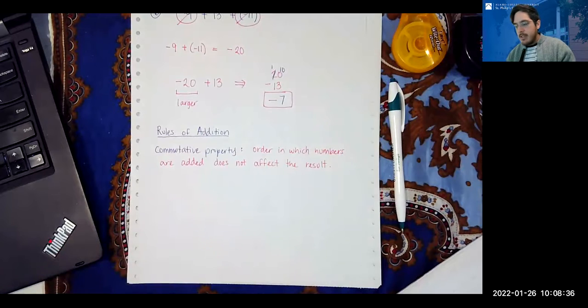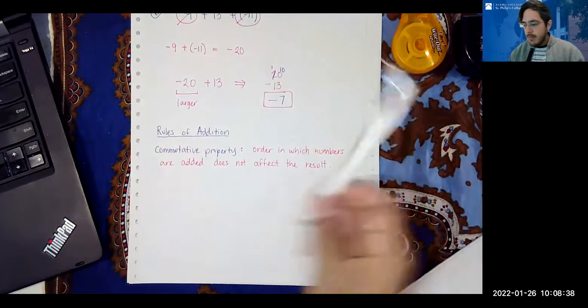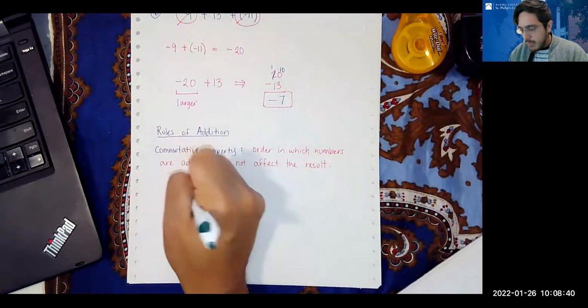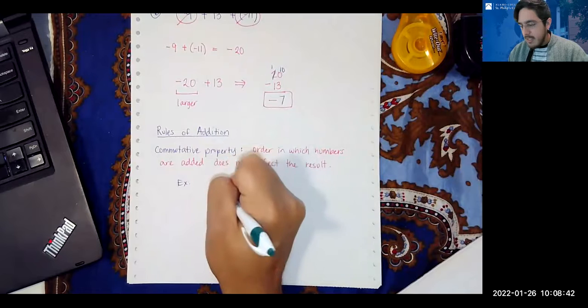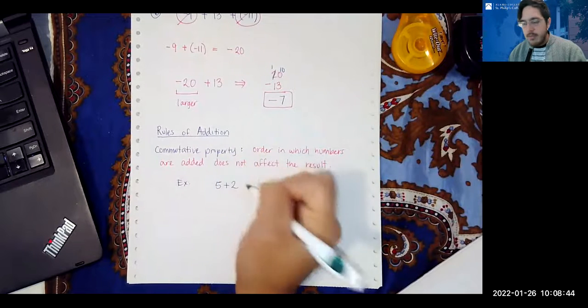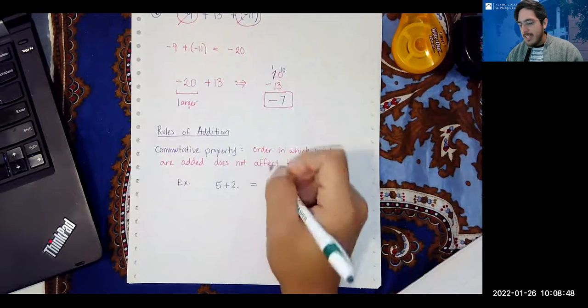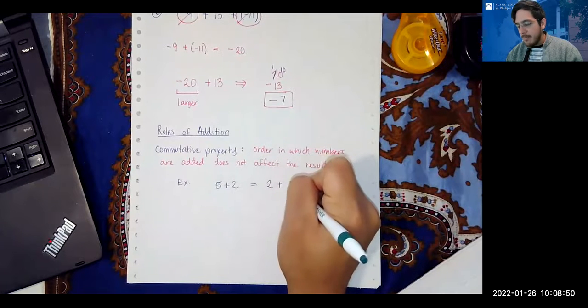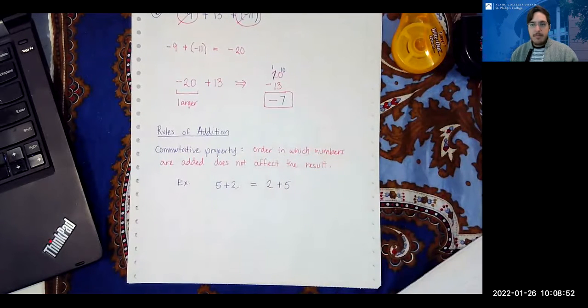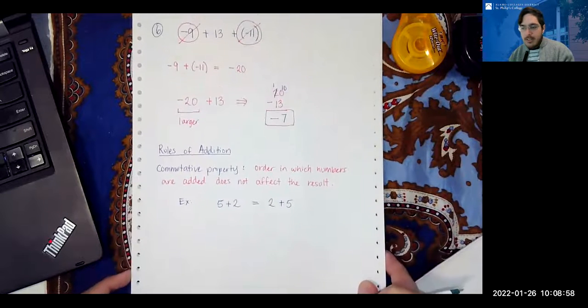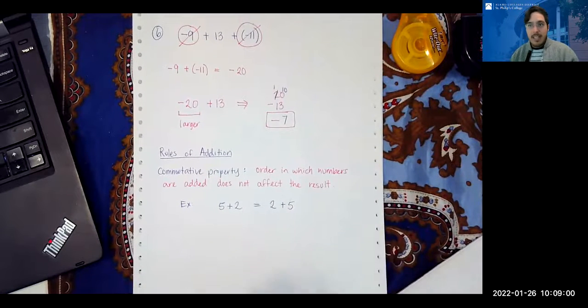Okay. So for example, it should be intuitively clear to us that 5 plus 2 is the same thing as 2 plus 5. When it comes to adding more than 2 numbers together, like we did with the last problem, again, it doesn't matter in which order you add those numbers.